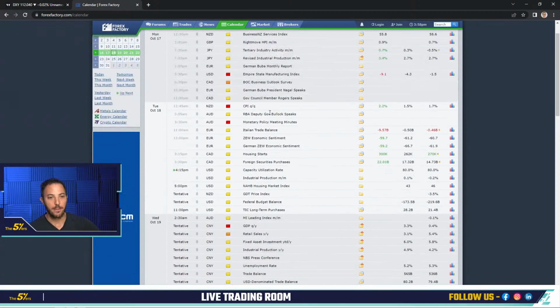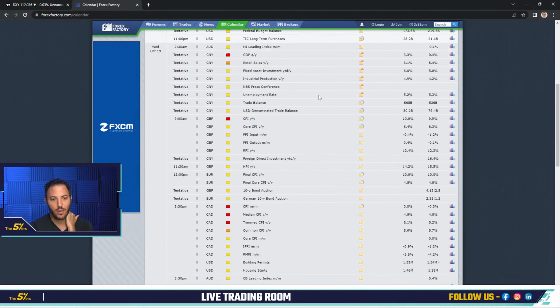Earlier we had CPI, inflation in New Zealand, which was higher than expected, but for the currency that's better, because now there will be expectations of the New Zealand bank increasing interest rates, and that will bring demand for the Kiwi, the New Zealand dollar. We'll see that in the charts in just a moment.